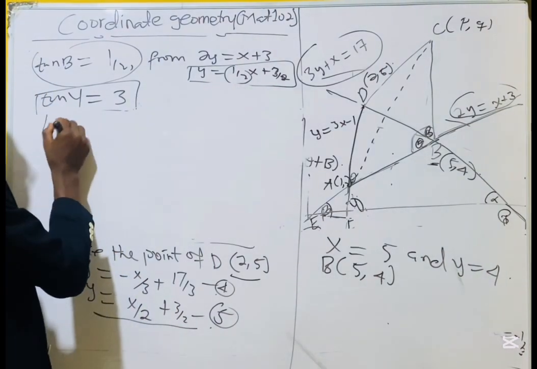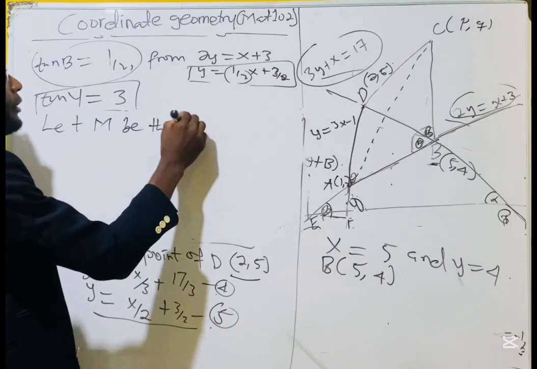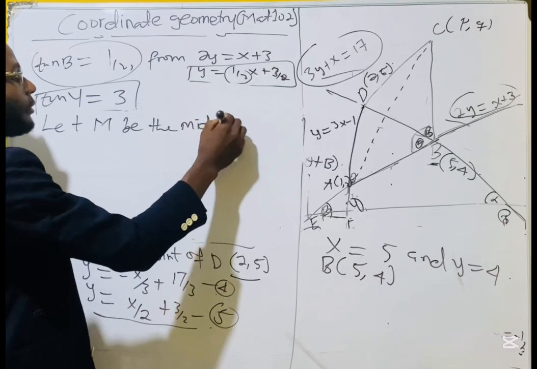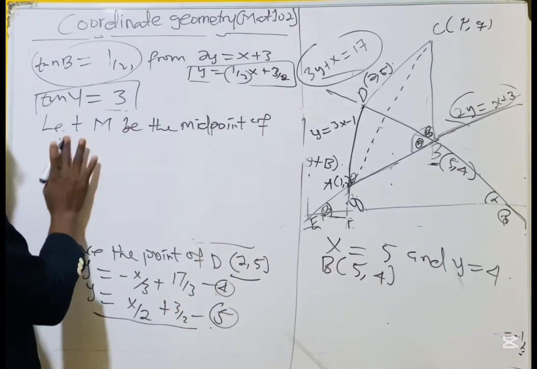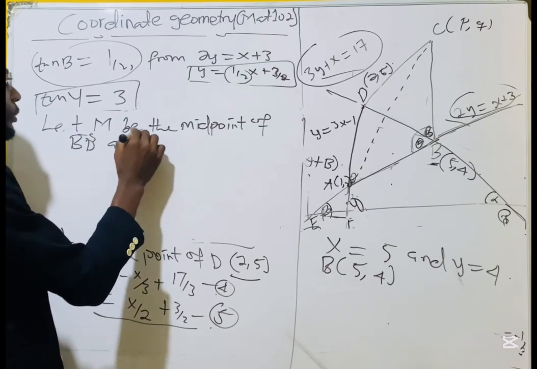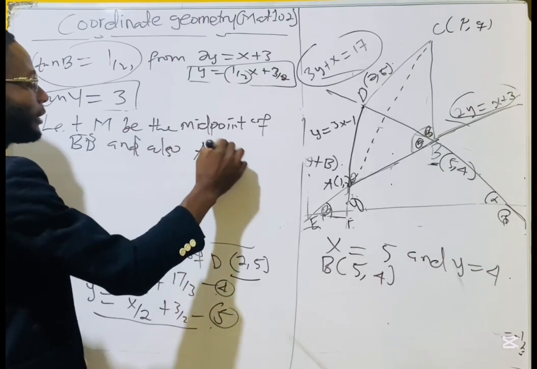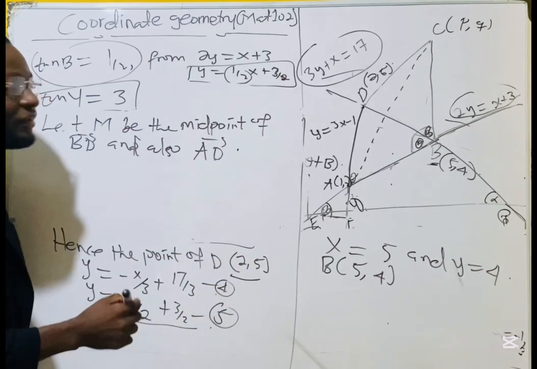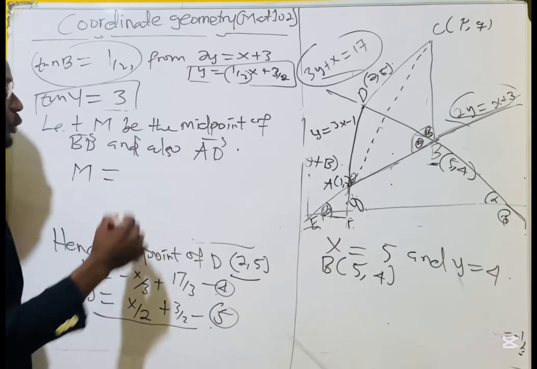So let M be the midpoint of line BD and also line AD.